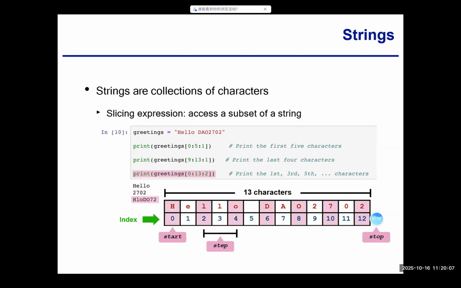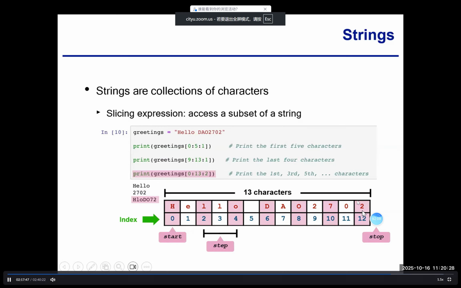Another example shows what happens if the step size is not 1. If the step size is 2, it means that every time we skip a character. We start from 0, which is the first element, included. We stop at 13, which is not included, so we include up to the previous one.